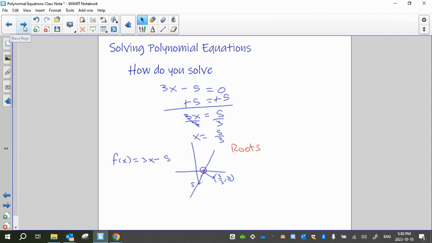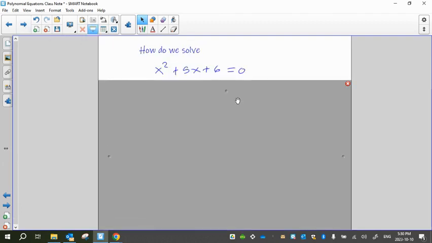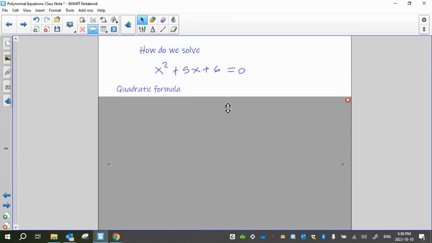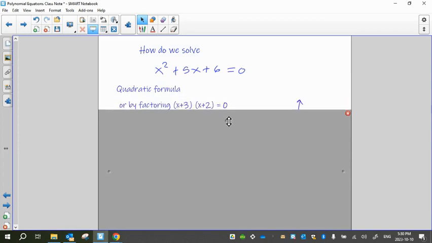Then we move to quadratic equations that we solve likely in grade 10, grade 11. An equation similar to this. In this case, we do have several alternatives to solve these types of equations. We can always use the quadratic formula. But in this case, for example, we could factor.